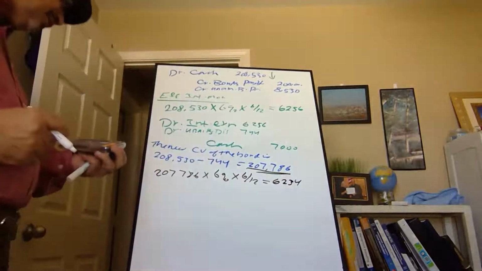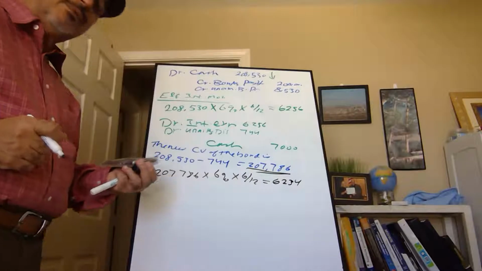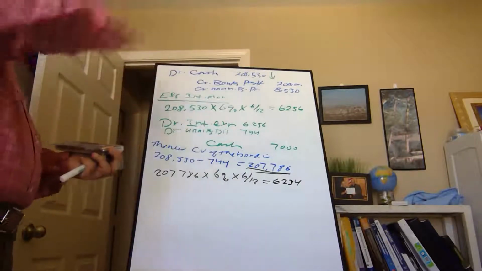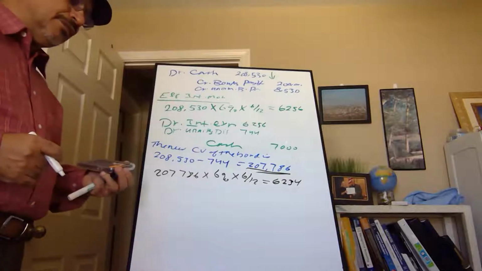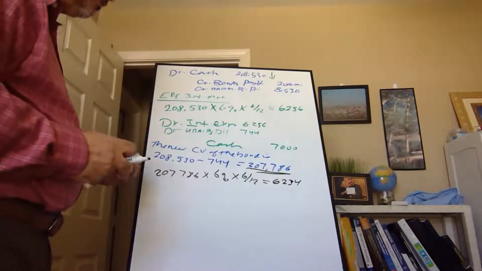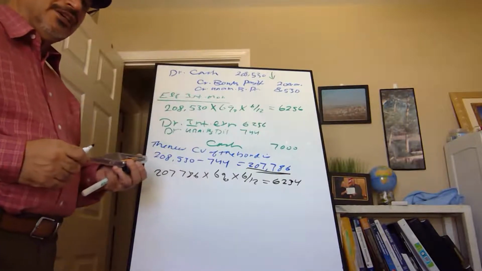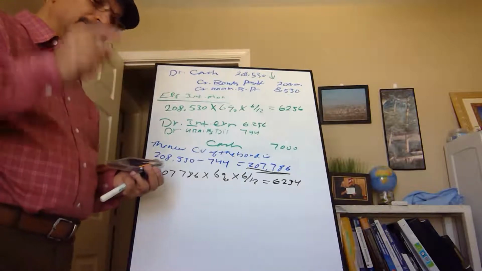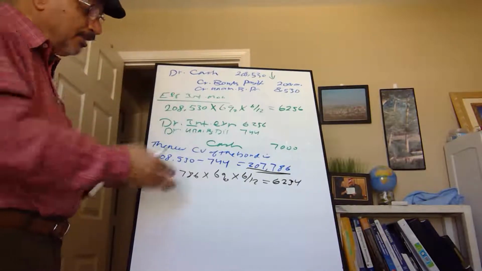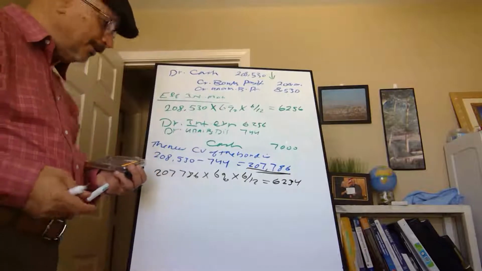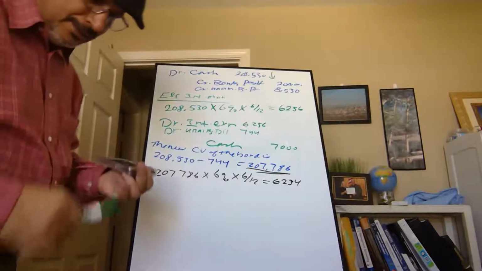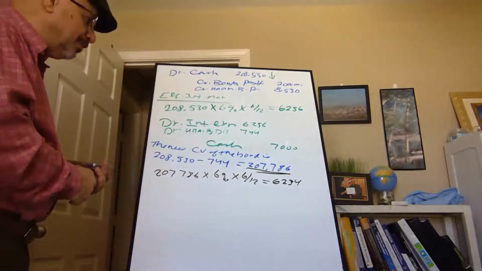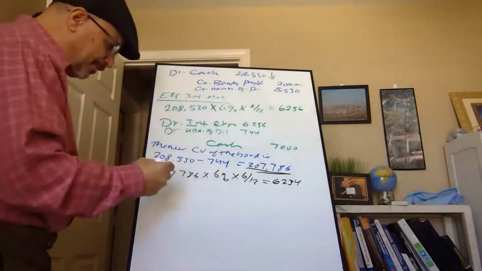It's actually 6,233.58, but we put it to the nearest number. Be careful now. Usually there is some software that will give it to the penny, but we are just doing it here for simplicity. All right. So like we did with the first journal entry, we debit interest expense.